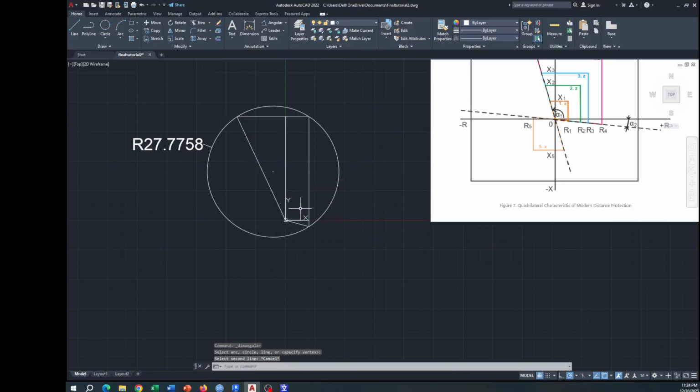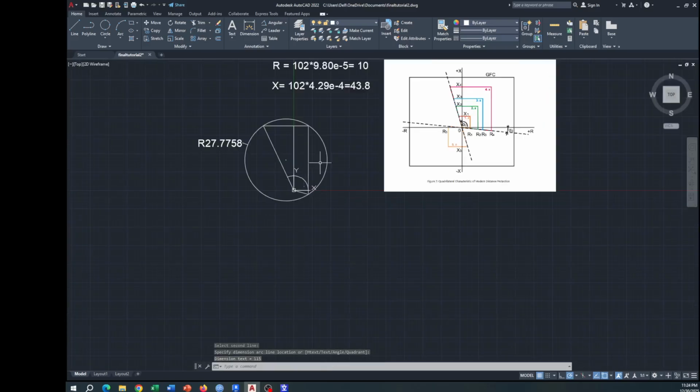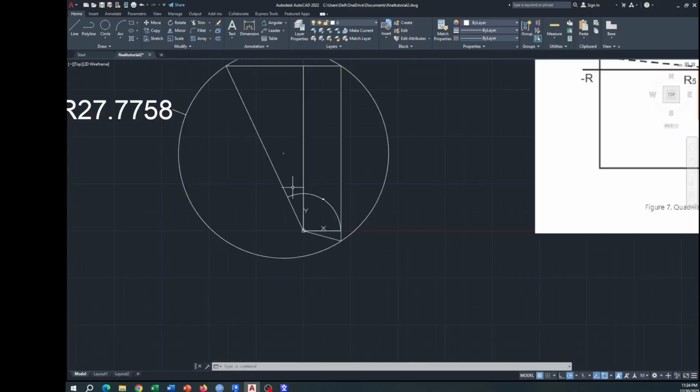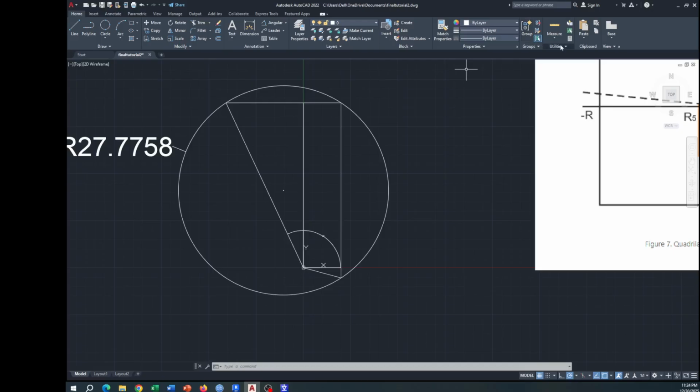Look, 150. So we get our polygon, and now we need the coordinates. How can we get the coordinates? We can use this ID point.